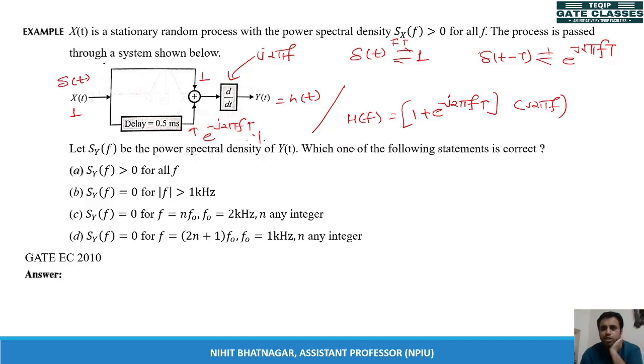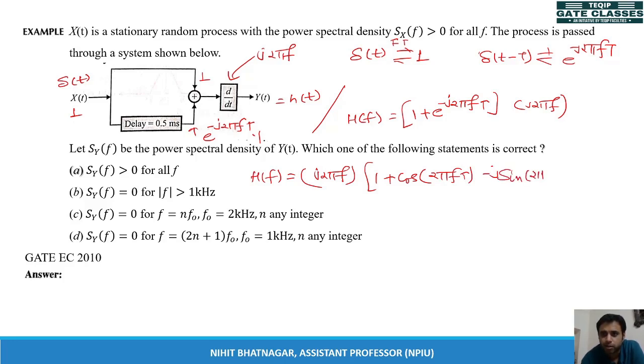Now opening e to the power minus jx, H(f) becomes j 2 pi f times (1 plus cos(2 pi f T) minus j sin(2 pi f T)). Now I am going to take the modulus.